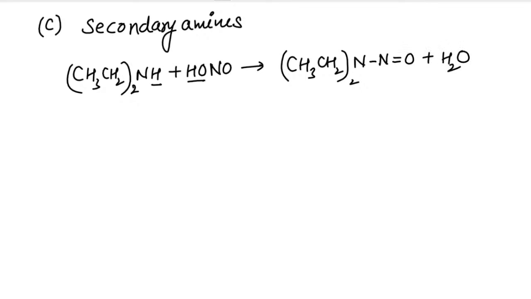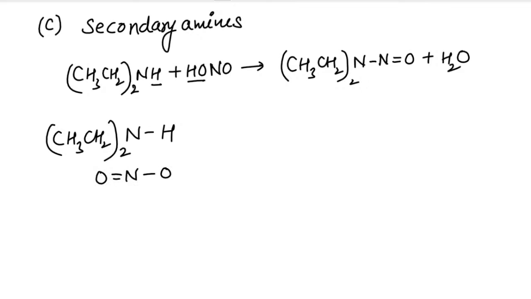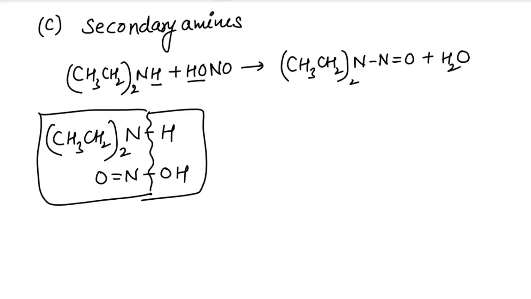It can be remembered as CH3CH2 twice NH and then N double bond O OH. This is one product and this is the second product. So N-nitrosodiethylamine is formed.